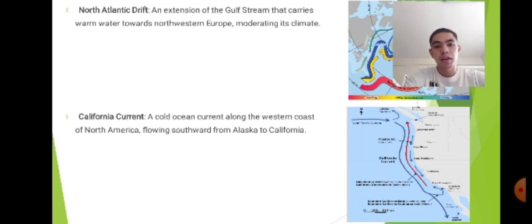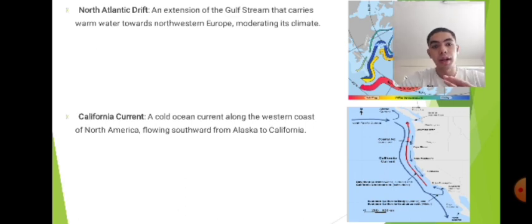The other one is the California Current. It is a cold ocean current along the western coast of North America, flowing southward from Alaska to California. This is different from the North Atlantic Drift, which carries warm water.